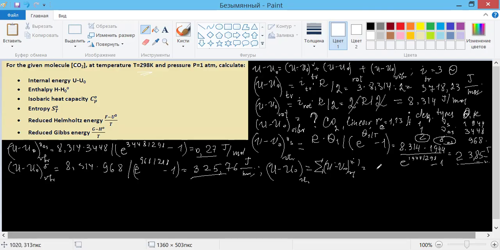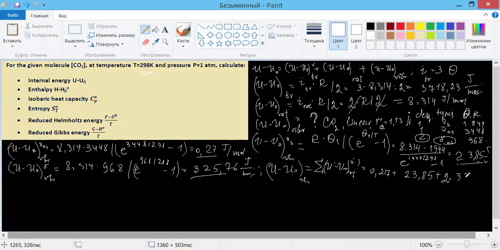For that reason, we write the following: it's 0.27 plus 23.85 for the next, but the third is doubled because of the degeneracy, which is equal to 2.